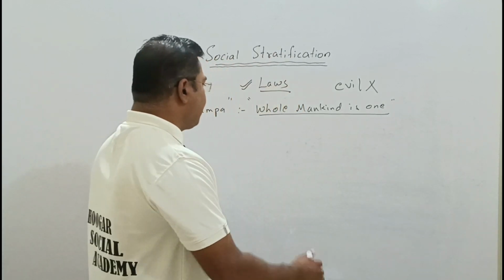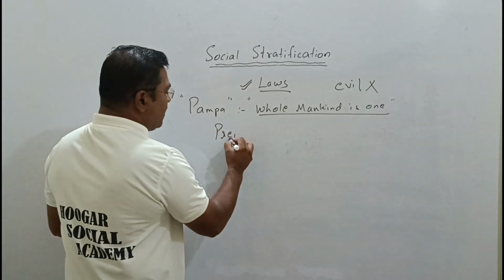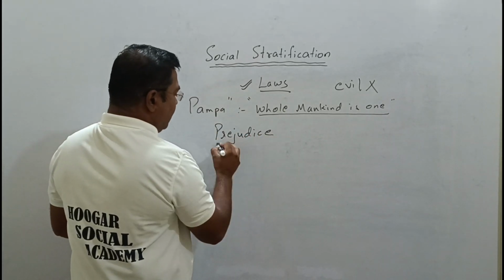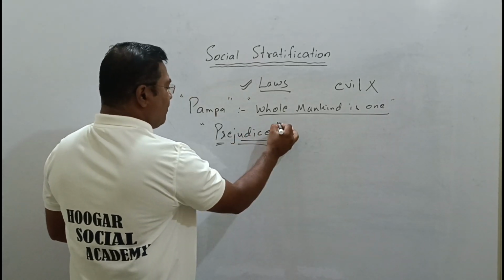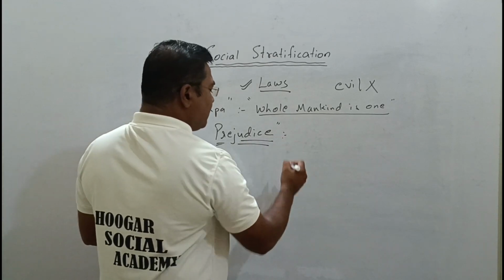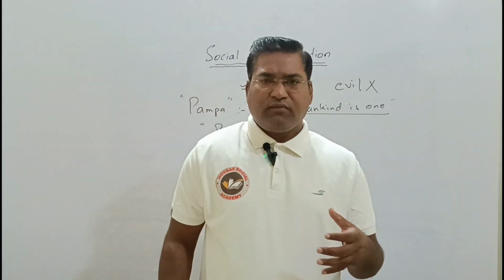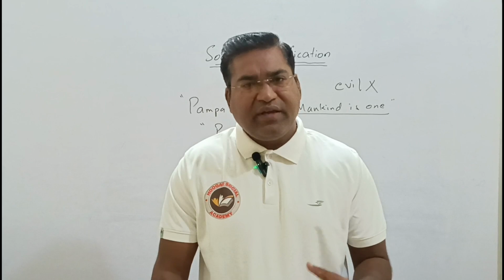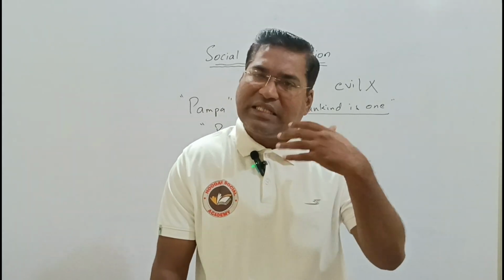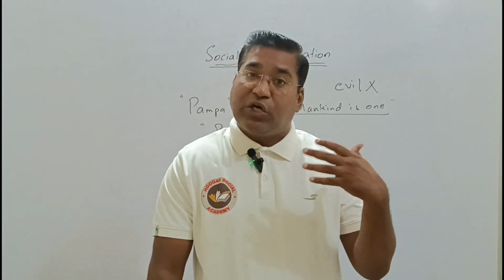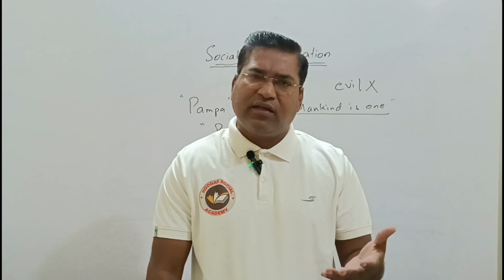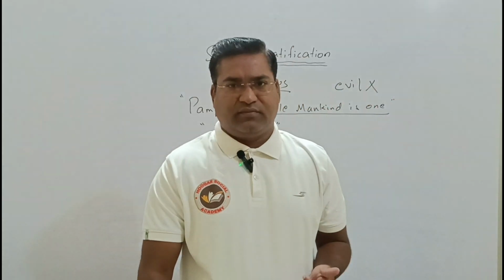It is there because of which one? Because of the word called prejudice. Now prejudice, what does it mean? It refers to giving an opinion about another person without understanding.